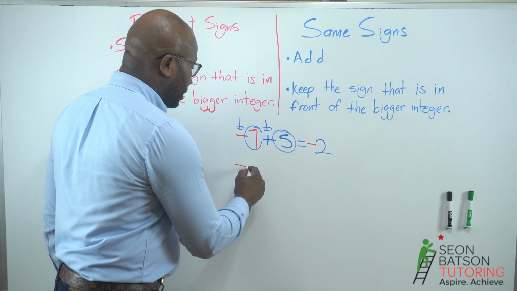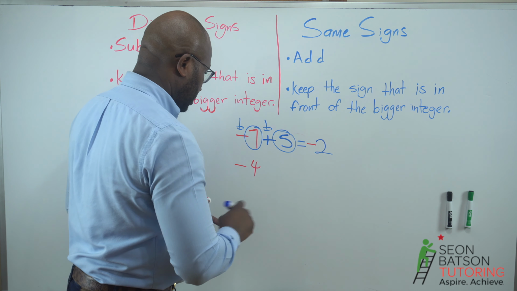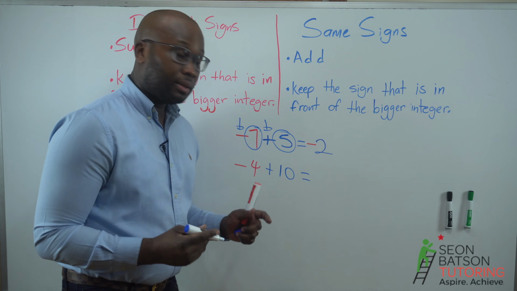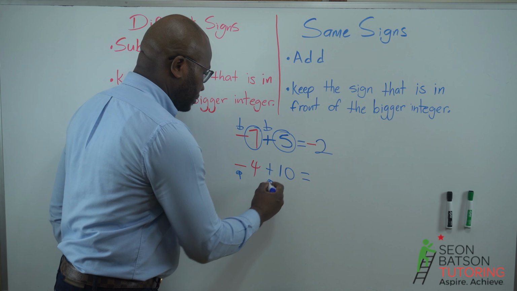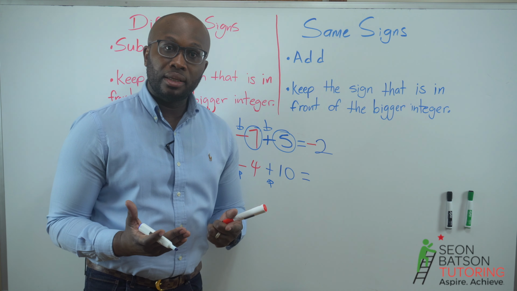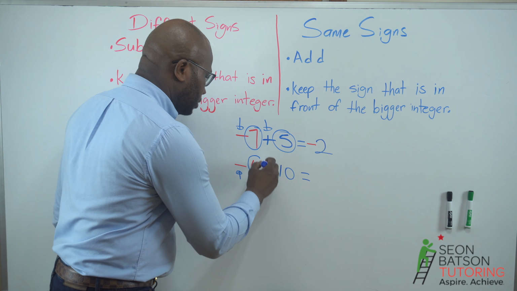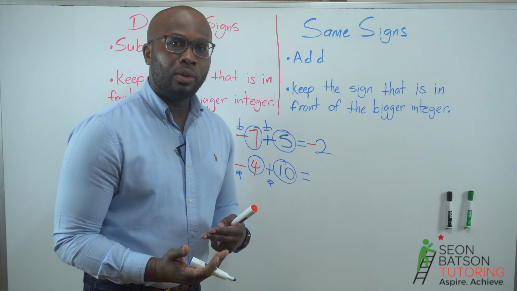Let's say we have -4 plus 10. Again, here we have a negative sign. Here we have a positive sign. Our signs are different. So because they are different, we must subtract. Again, subtract. When we're subtracting, we subtract the normal way we would subtract.